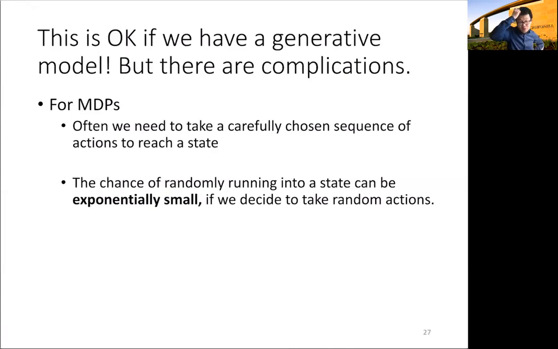Often it requires us to choose a strategic sequence of actions in order to get to a particular state. And those particular states could be important in evaluating and identifying the optimal policy, right? In fact, as the time horizon gets longer, the chances of randomly running into a state can be exponentially small if you simply take uniform random actions.